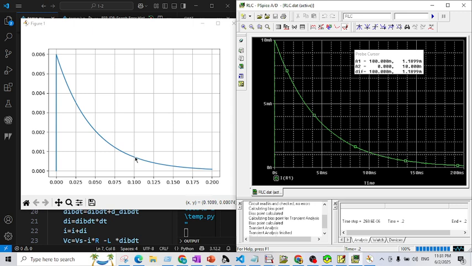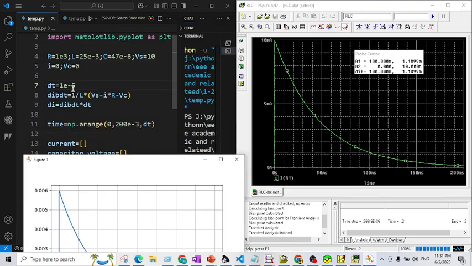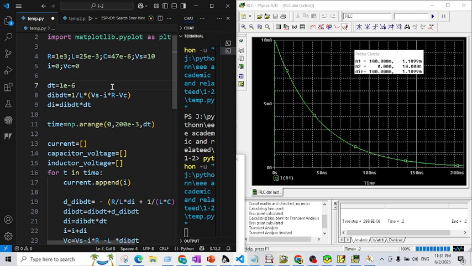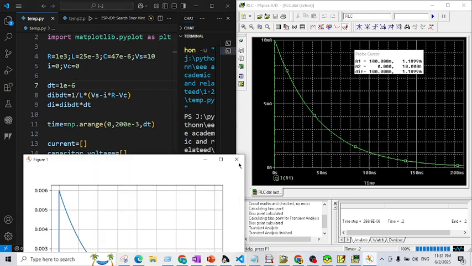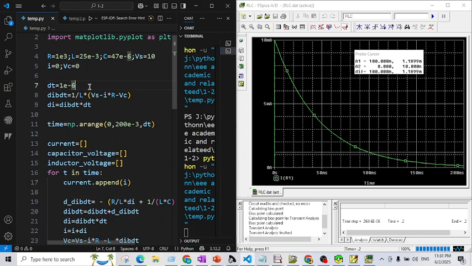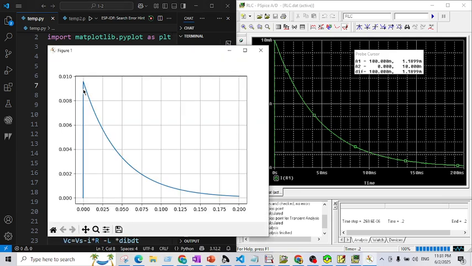Oh no, at 100 millisecond our current doesn't match, so we have to reduce this dt again. I understand the main problem is with this dt. We have to take a smaller dt.